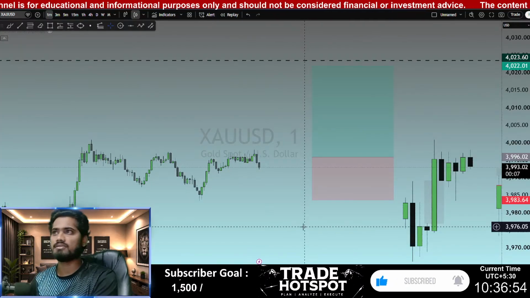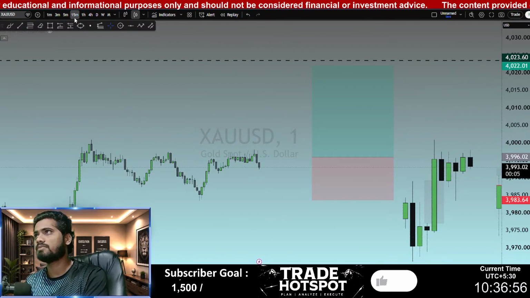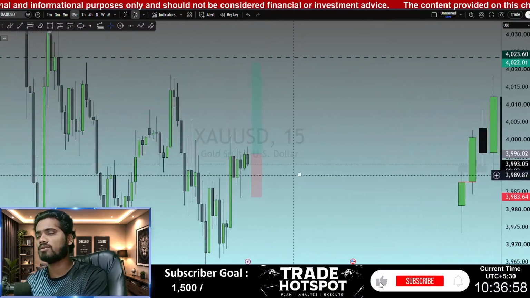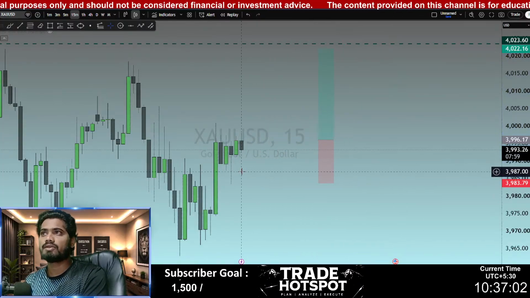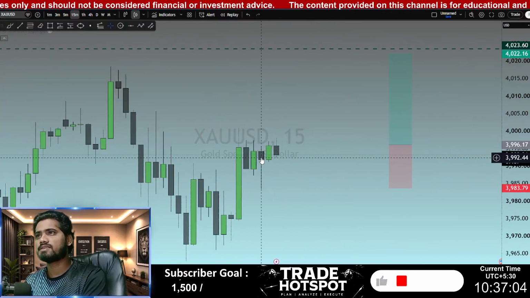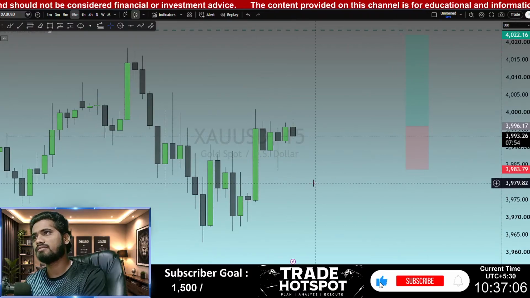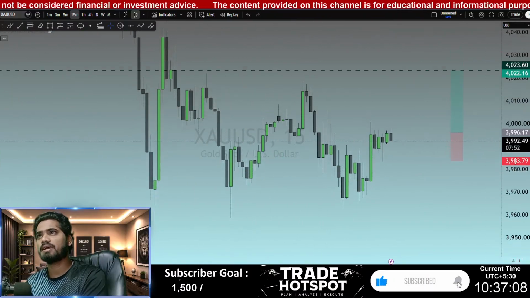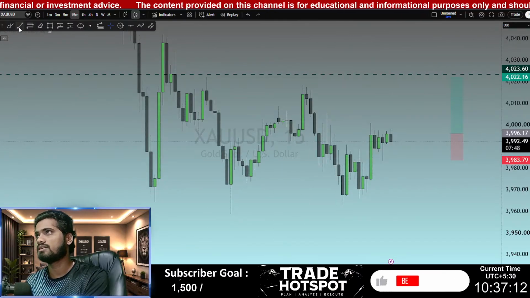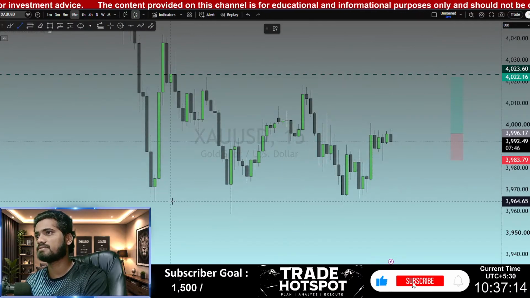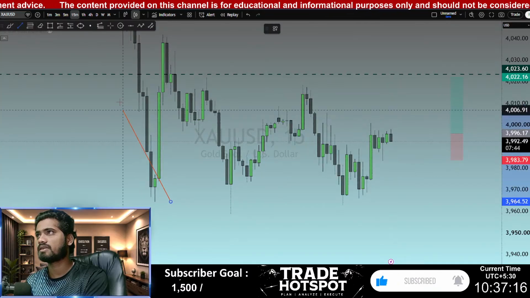You can see I have seen the 15-minute confirmation here, but I want strong confirmation in this trade. You can see here, guys, this is a rejection candle, and there is a downside movement in the market. This is a resistance point, and this is a support zone. This is a very great support.